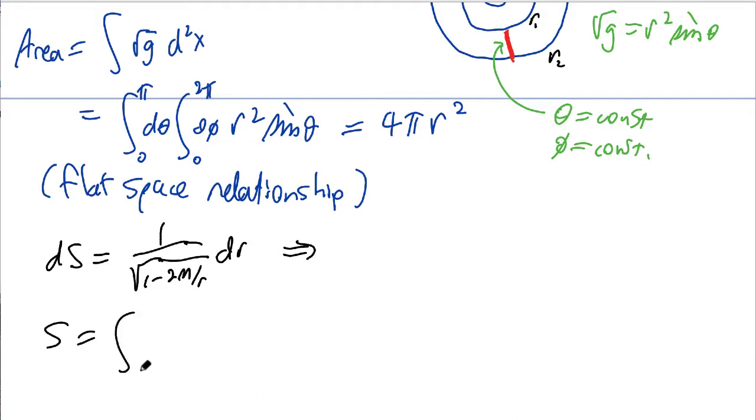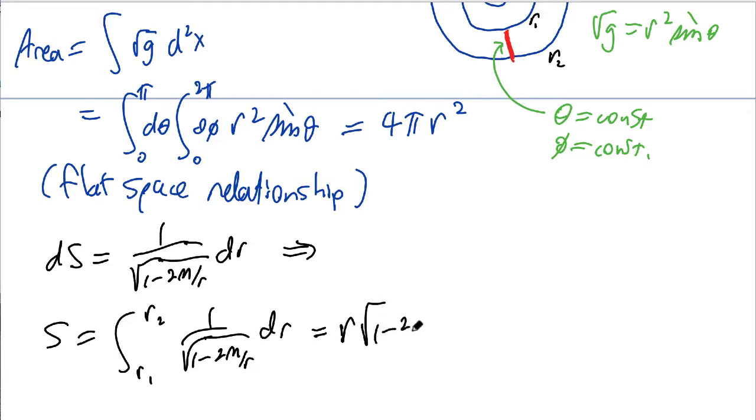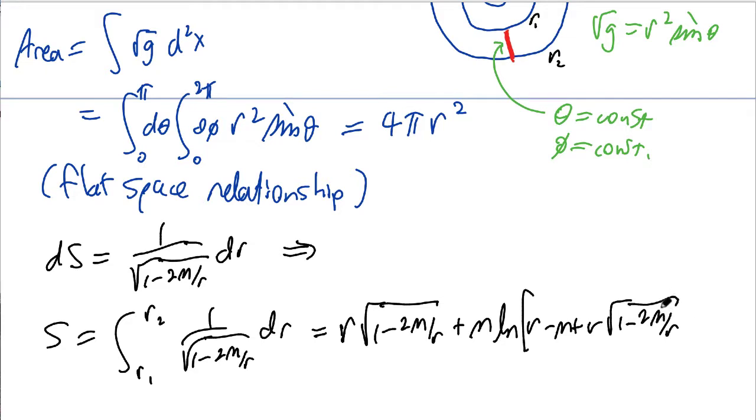So the total proper distance is the integral from r1 to r2 of 1 over the square root of 1 minus 2m over r dr. And that is equal to r times square root of 1 minus 2m over r plus m times log of r minus m plus r times square root of 1 minus 2m over r. And that all would be evaluated between r1 and r2.